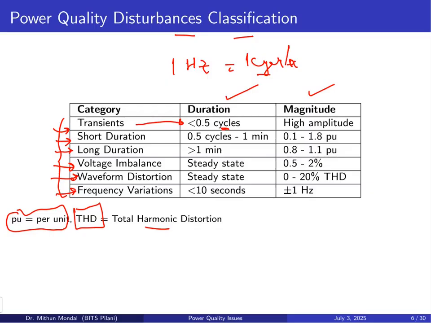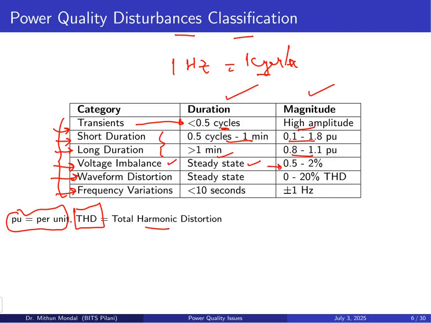So the transient duration should be less than 0.5 cycles and the magnitude will be high. Short duration may be in the range from 0.5 cycles to 1 minute and the magnitude may be 0.1 to 1.8 per unit. Long duration can be greater than 1 minute and the corresponding amplitude may be 0.8 to 1.1. Voltage imbalance, we talk about the steady state.